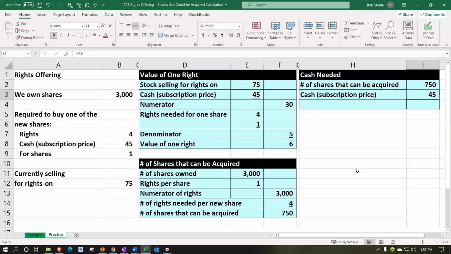So we're going to say 45 to cash in these rights. That means the cash that we need is 750 times the 45, or 33,750. So we got that discounted price, but of course we still need the cash of 33,750 in order to take advantage of the discounted price and exercise.